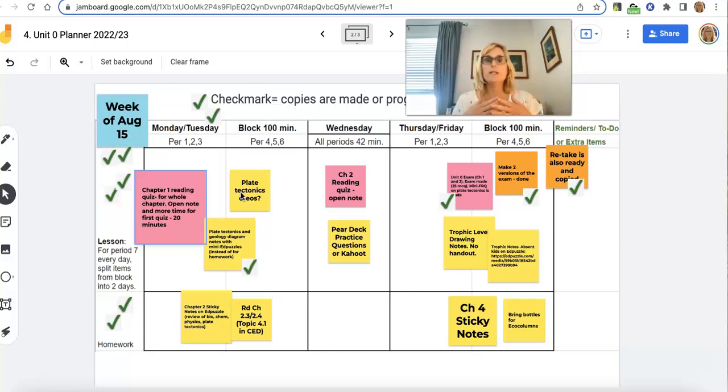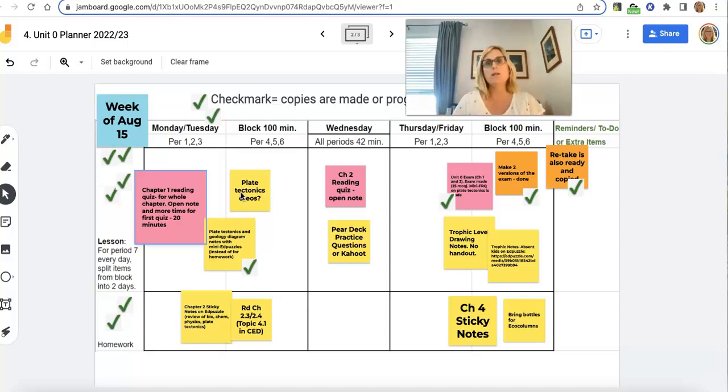For my students, they get the plate tectonics in their chemistry or science class. So they will have had it, so it is review. And because in my book with God, half of chapter 2 is review and half is plate tectonics that's on the CED, I'm going to cover it all now with my unit 0.